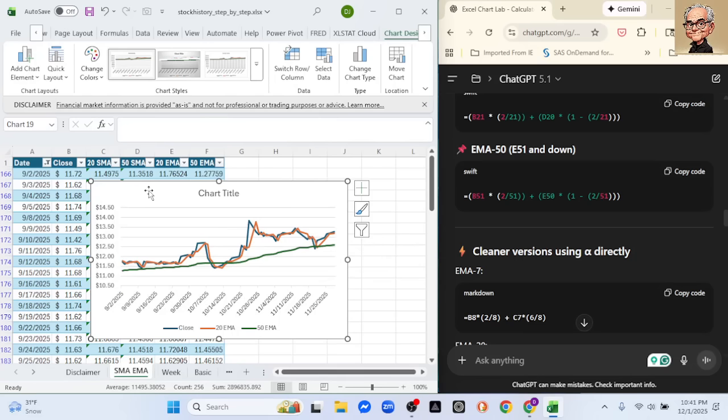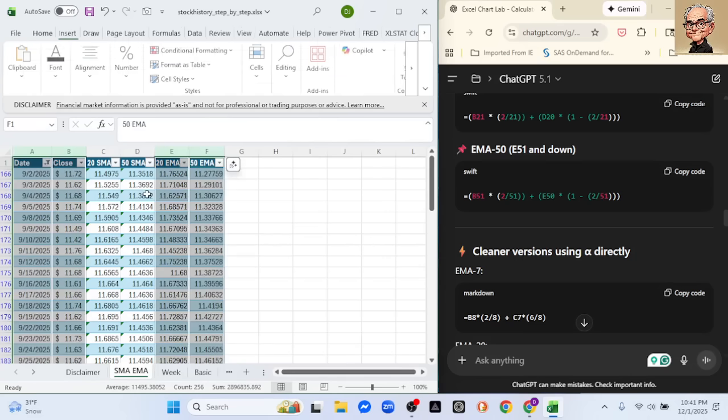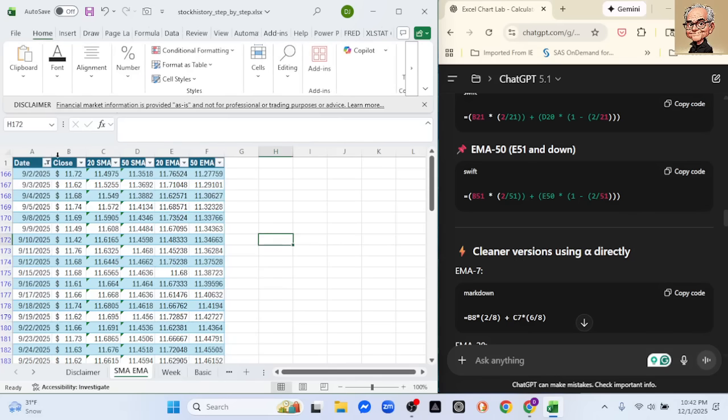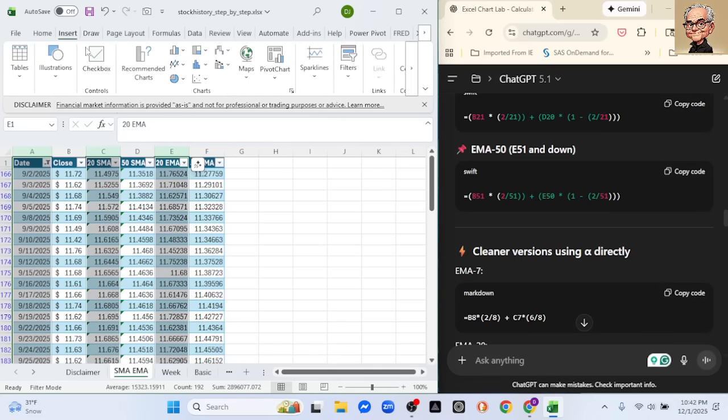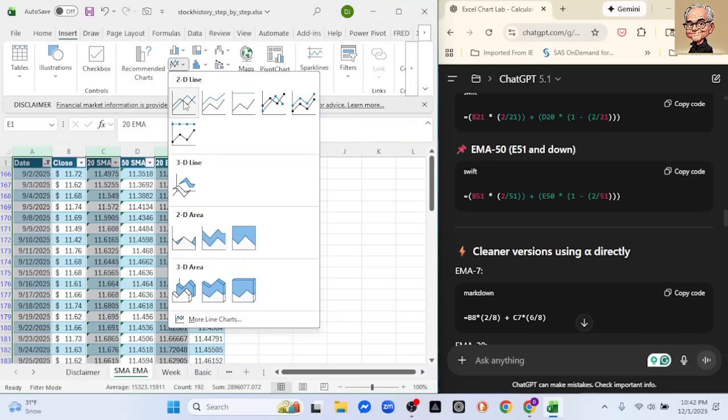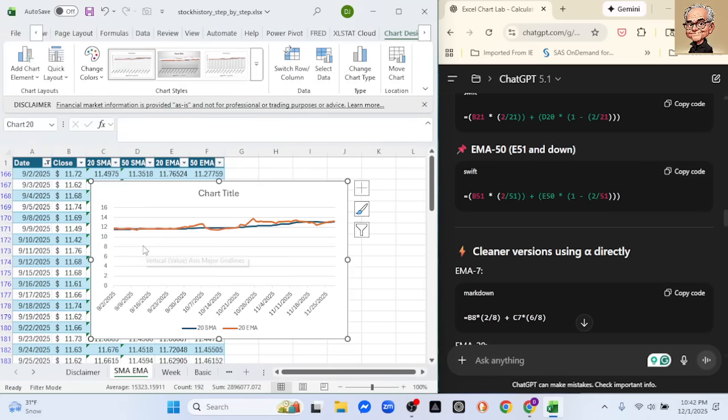Okay, so now let's get rid of that. And let's just compare the moving averages themselves. First the 21-day. Once again, come over here.